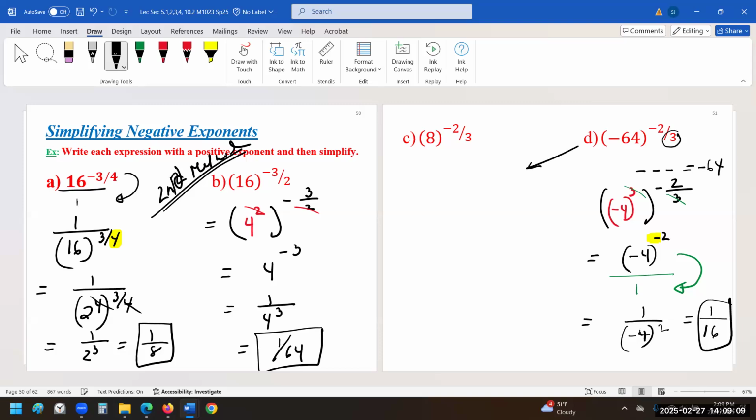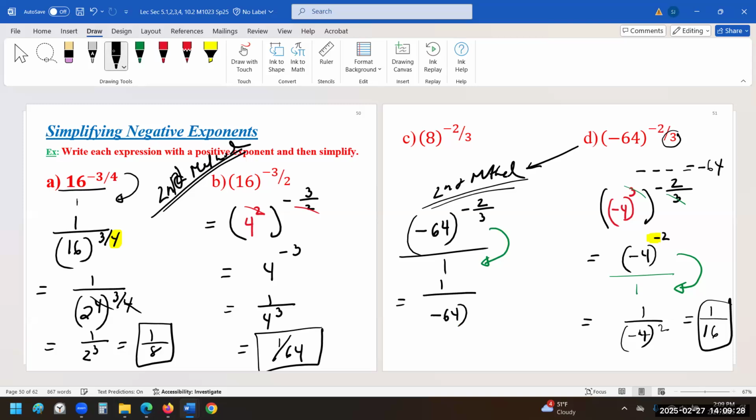But let's say the second method. You want to get rid of the negative on the power first. So negative 64 to the negative 2/3. Below that we have 1. Bring this down, it will turn into 1 over negative 64 with the positive 2/3 power. Same question, but 2 different ways.